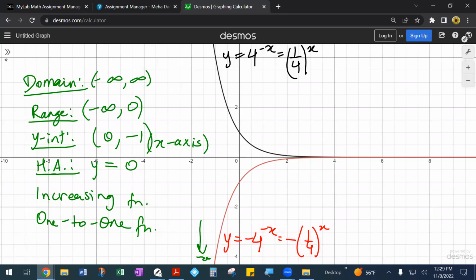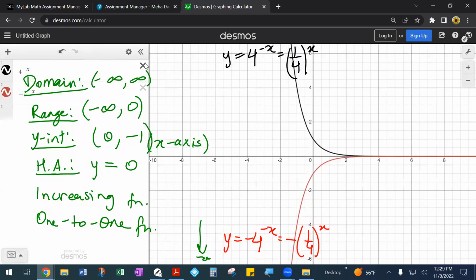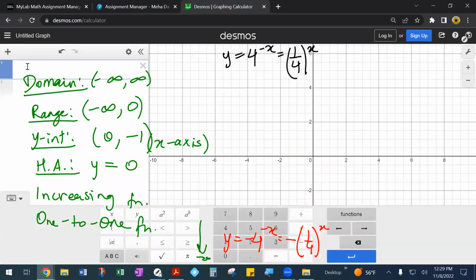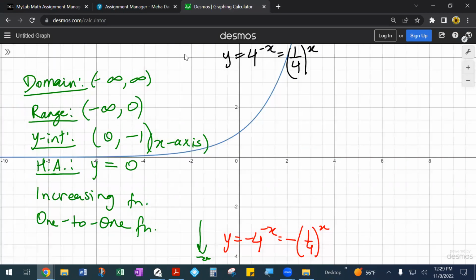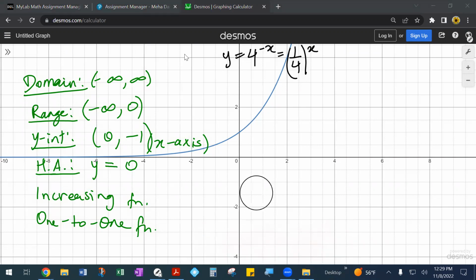This is just your basic 2 to the x function. So just the basic shape, like we have the 5 to the x, 9 to the x, that same kind of shape. It's just a little bit wider.